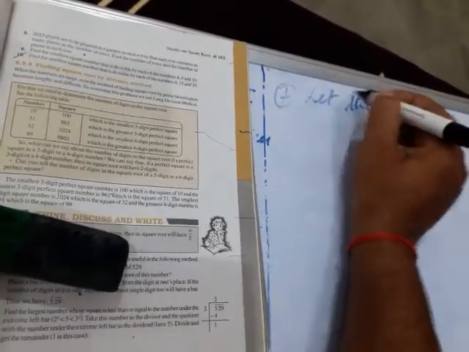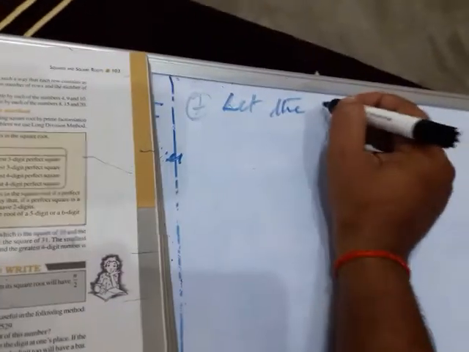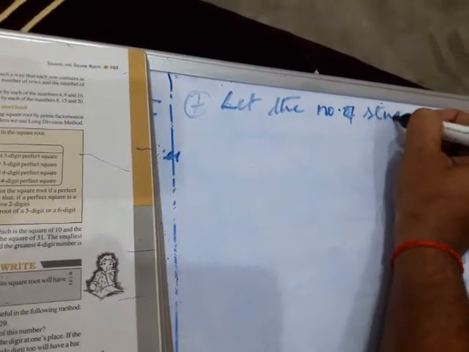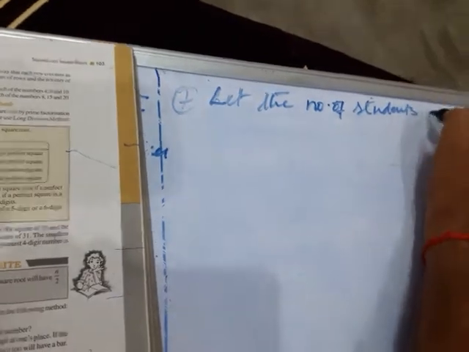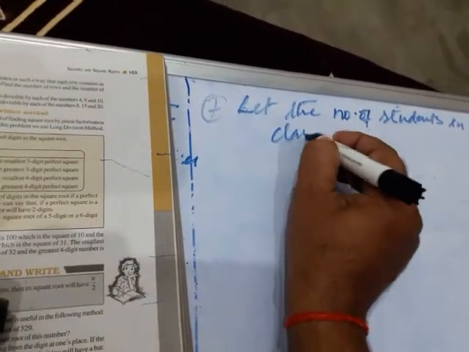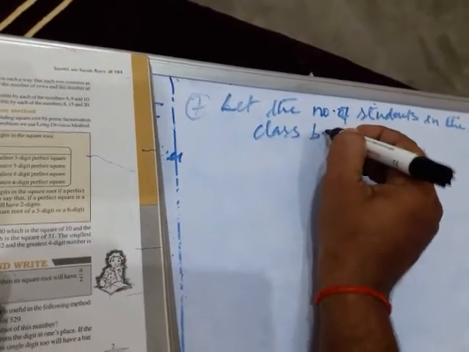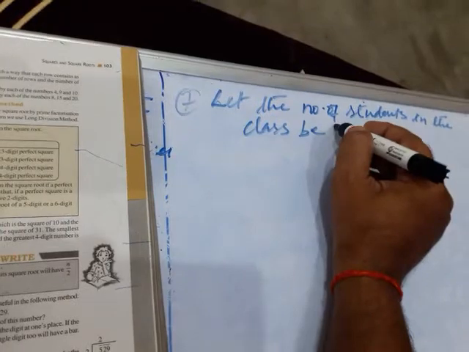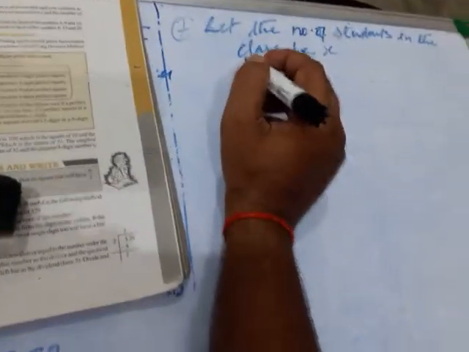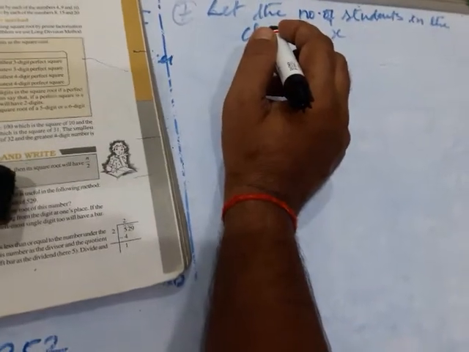Let the number of students in the class be X. Clear? Now each student donated as many rupees as the number of students.